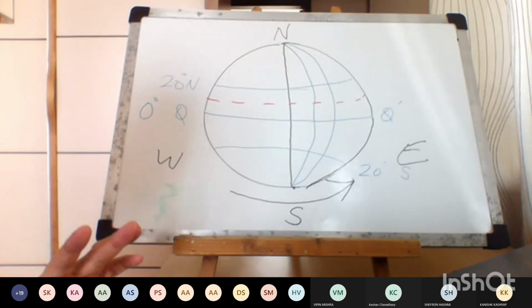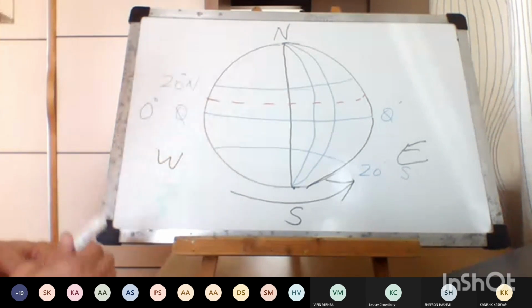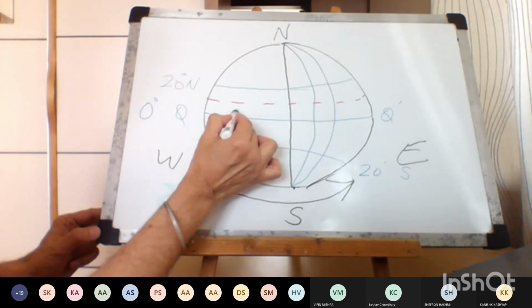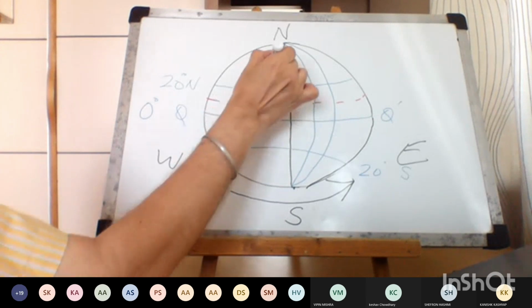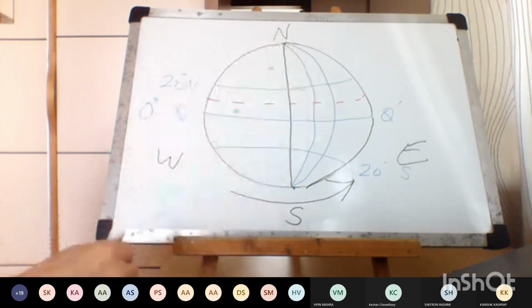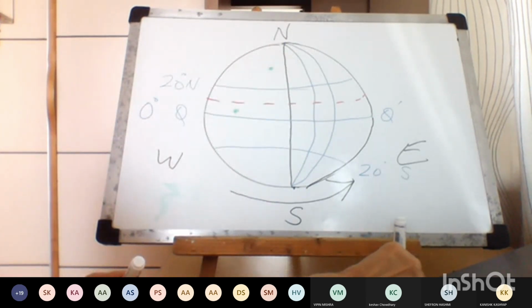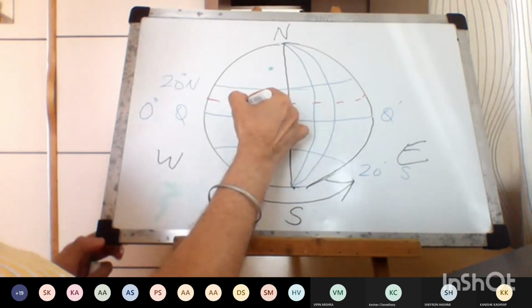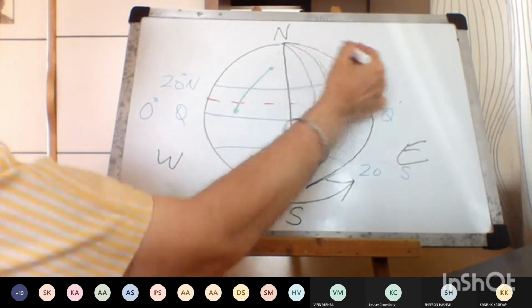through and through, any 2 points if I take, let us say I take a point here and I take a point here. In that case, I can draw only one great circle.